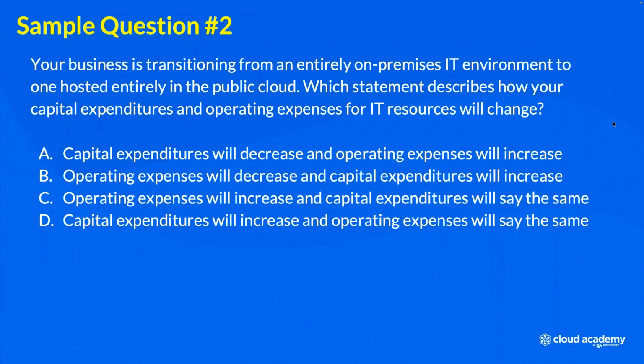On-premises, you're typically buying large computer equipment and system software and things like that only periodically, maybe once every year or a couple of years even. And with operating expenses, you're paying on a monthly basis. So in the public cloud, like Azure, you're paying on a monthly basis, which is operating expenses. So the capital expenditures should decrease if you're moving to the public cloud, and the operating expenses should increase.